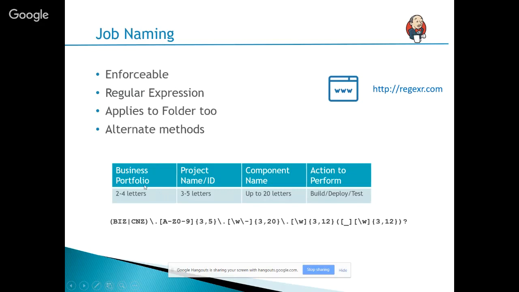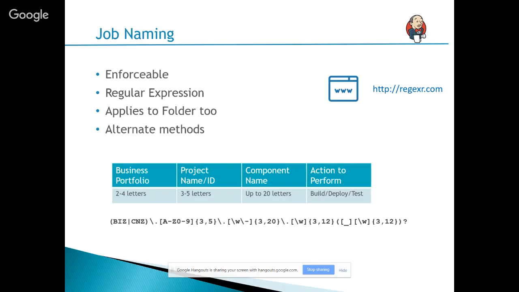Here I have given an example. For example, you can have a 4-part job name. If you are a big organization, you may have verticals for what your business is doing, and you may develop projects for that vertical, and your portfolio can be the top level, and next one is your project. Projects can have a code, or you may have a short name if you do not have a code.